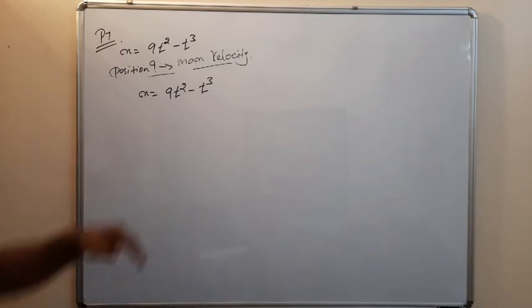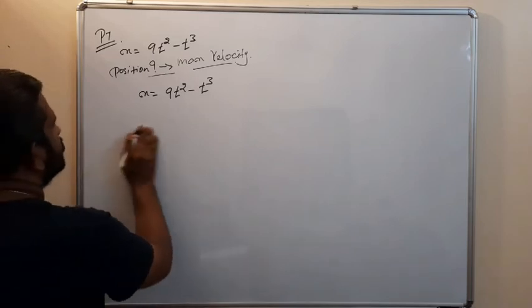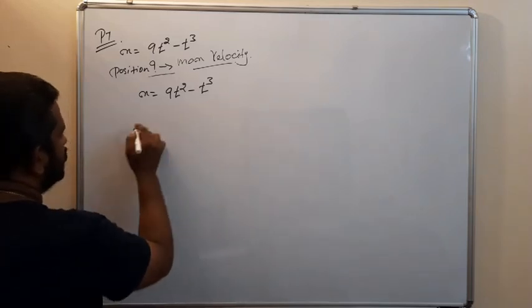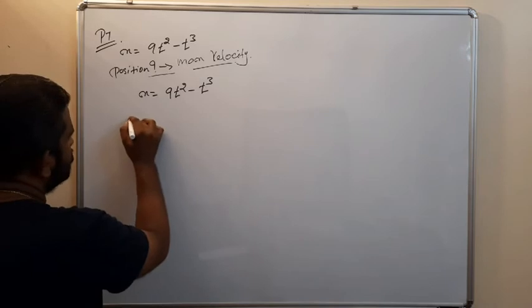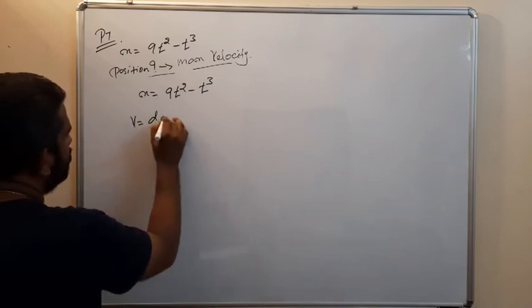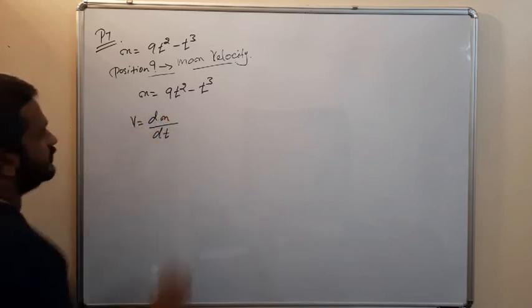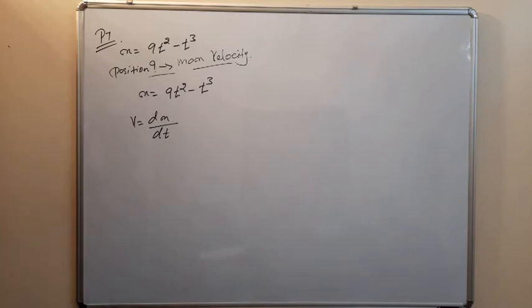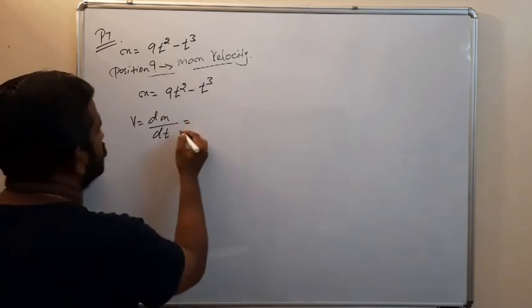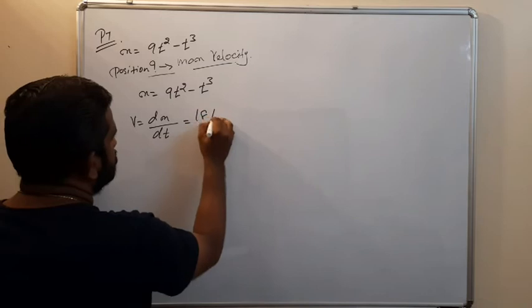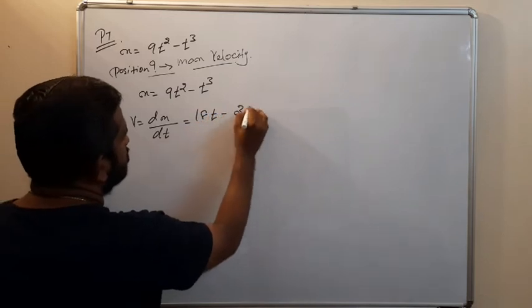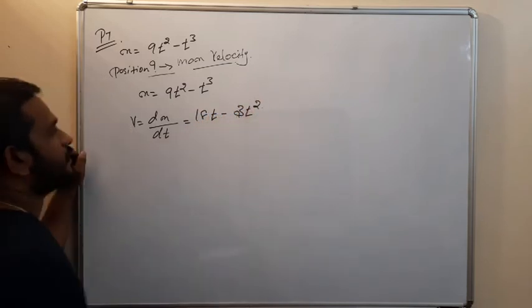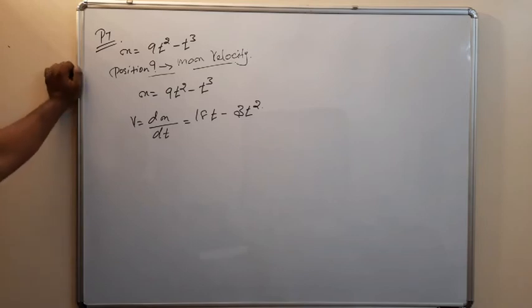So x equal to 9t square minus t cube. For maximum velocity, first we have to find the velocity, that is v is equal to dx by dt. So that's equal to 18t minus 3t square.